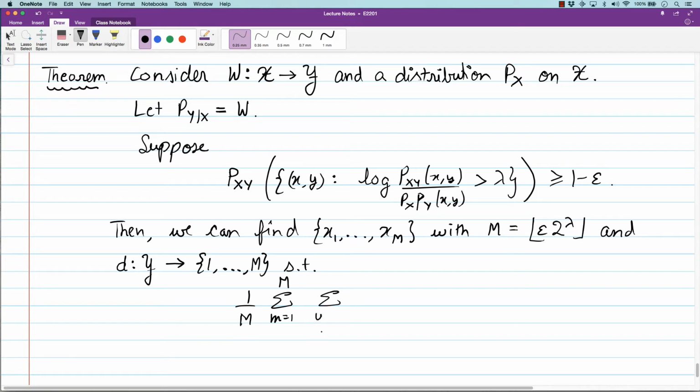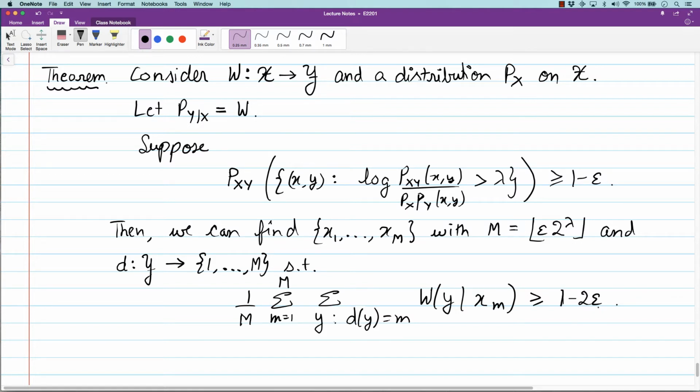This is just single shot, so y now looks like a single y, and you observe this y when the input is xm. Okay, so this is the average probability of correctness. This probability is greater than 1 minus 2 epsilon.